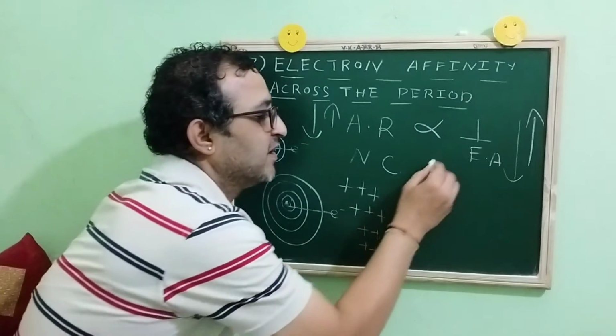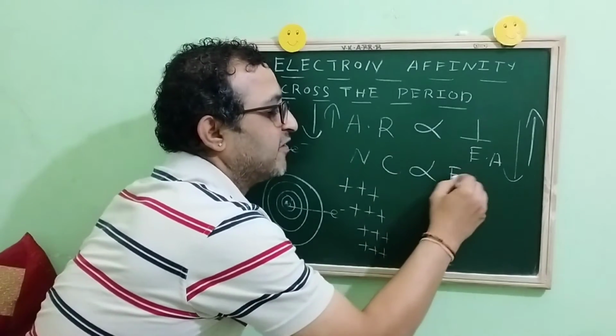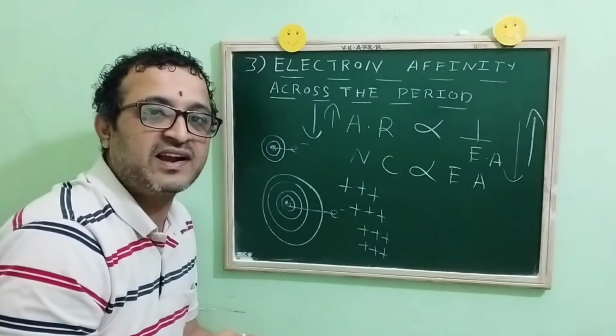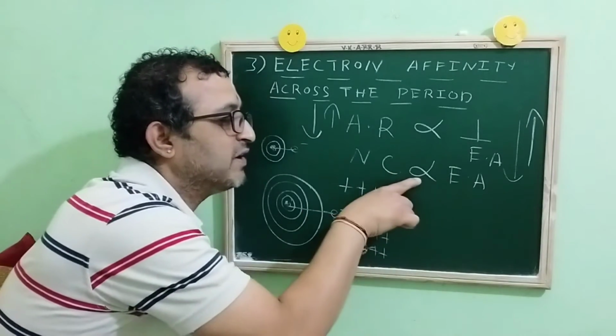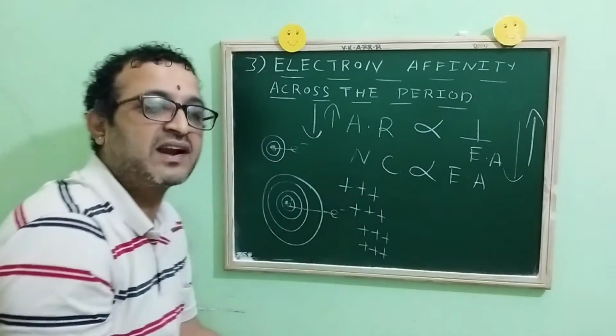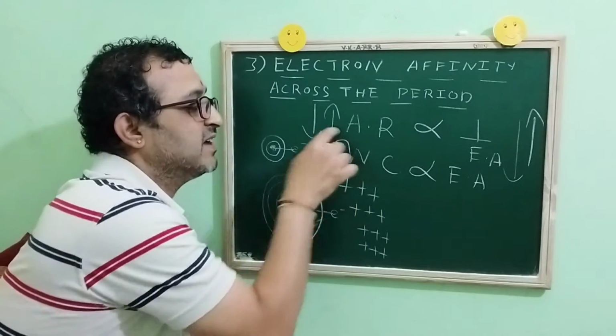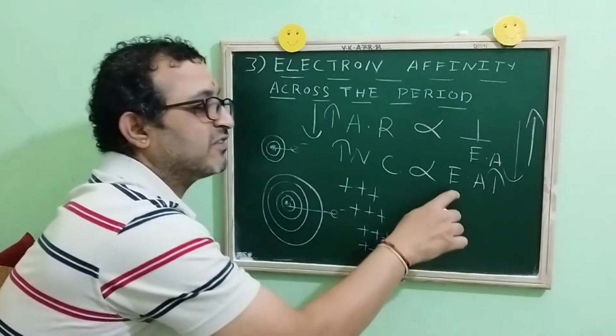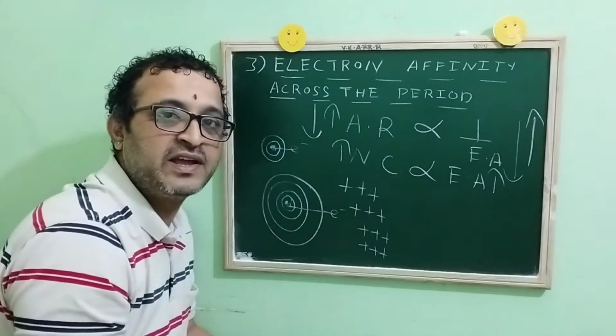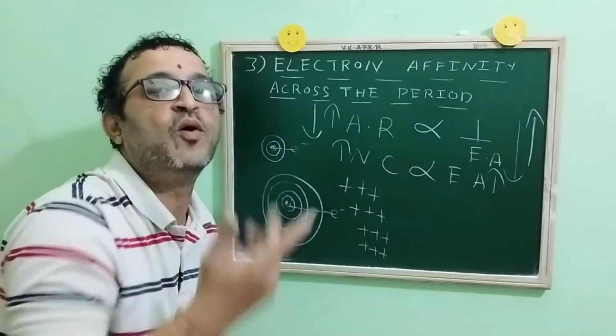That is, nuclear charge and electron affinity have a direct relationship. As the nuclear charge increases, the amount of energy released, that is, the electron affinity, is more, right?